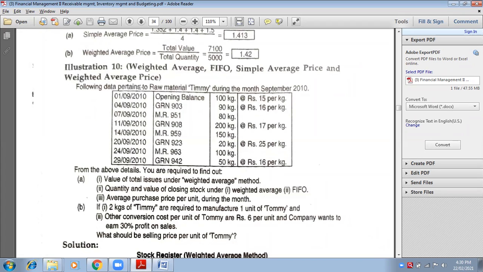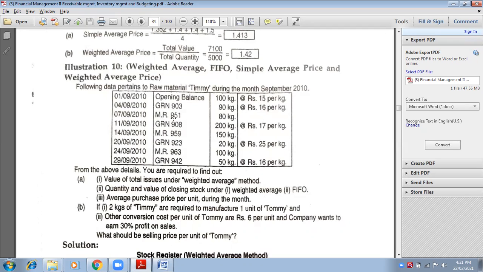See, from the following data, raw material during the month of September 2010, from 1st September to 29th September. Some points are given for opening, some are for receipt. GRN number is receipt, and MR number is issued.